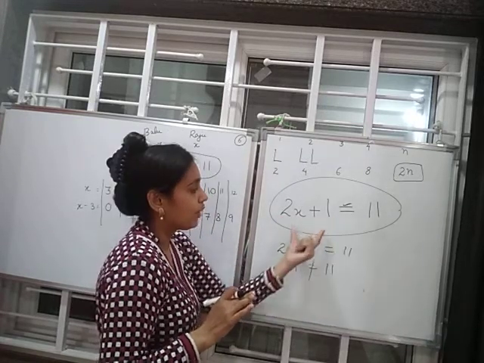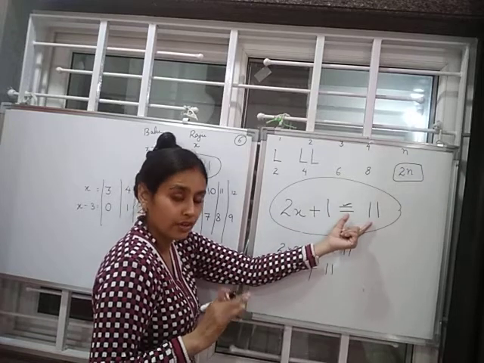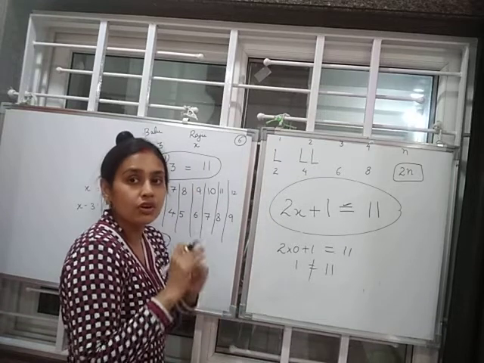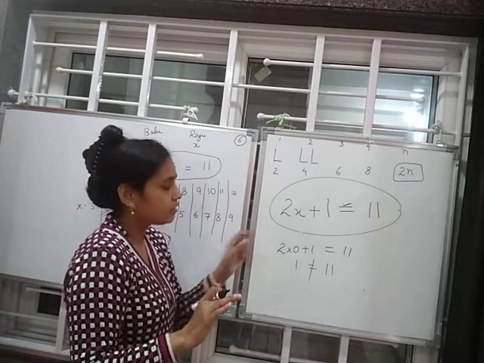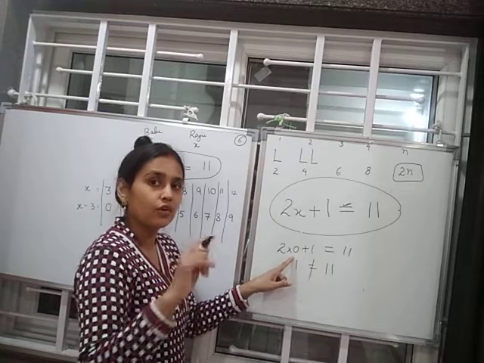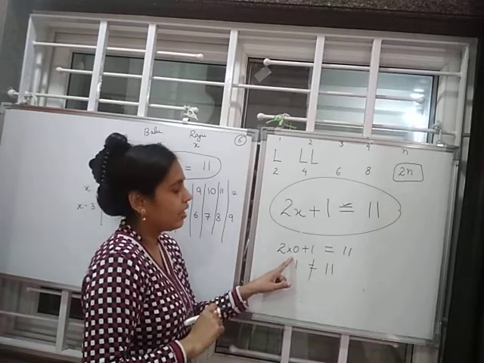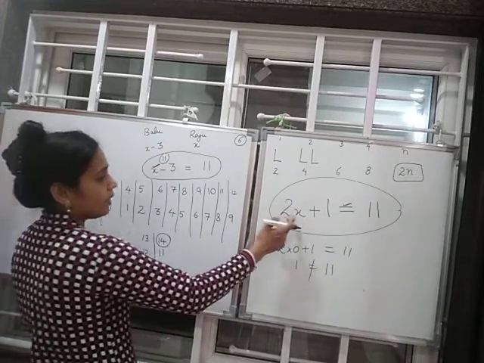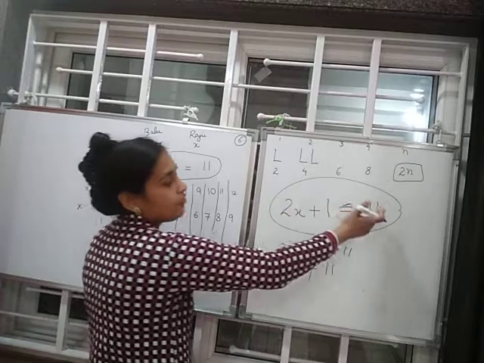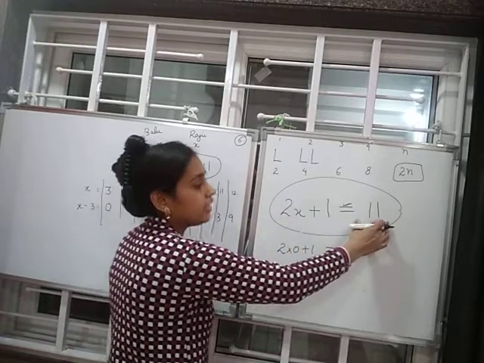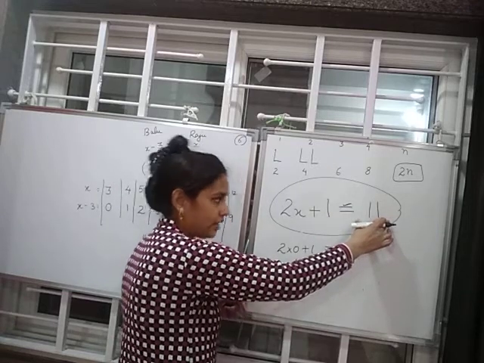Okay? 2x plus 1 is equal to 11 is not an equation when x is equal to 0. x is not equal to 0. x will be equal to some other number. And how will we get it? Here, we start like this. We start by 1, 2, 3 and we see when this LHS, that is the left hand side, is equal to the right hand side.